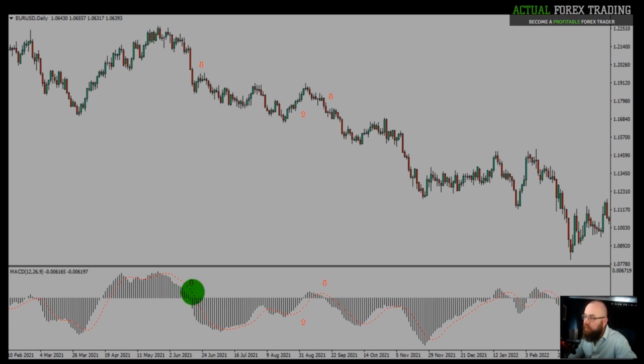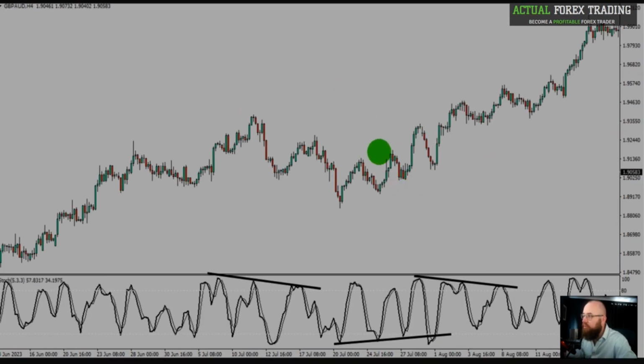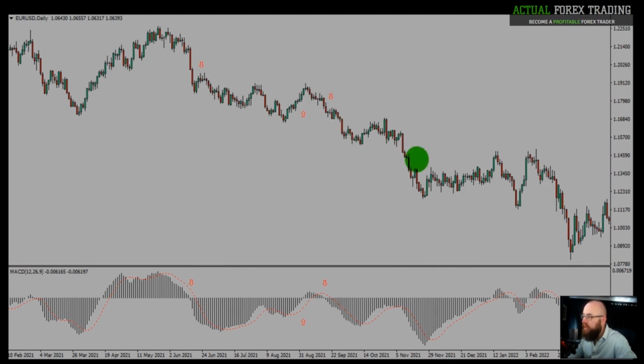When the bars are below and this red dashed line moves below, it can signal bearish momentum. So this is signaling bearish momentum, which is here. And if we look over here, the bars start coming down and get bigger. The red dashed line moves down past that center line too. That signals bearish momentum. So it's coming down like this, bearish momentum.